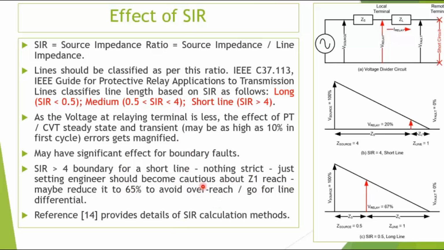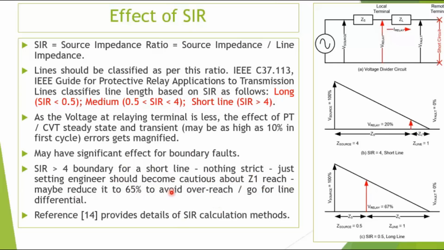Now in my experience, I have one experience with one particular line which is quite a short line, where the SIR was not more than 4, it was around 2.5, and that line always used to trip in zone 1 for a remote bus fault. So we reduced the zone 1 reach to 65%, and after that nothing happens.